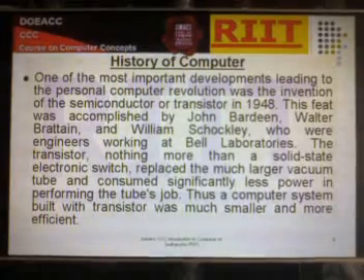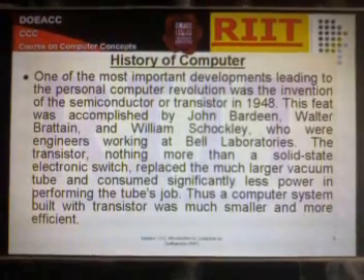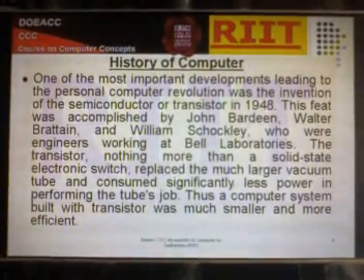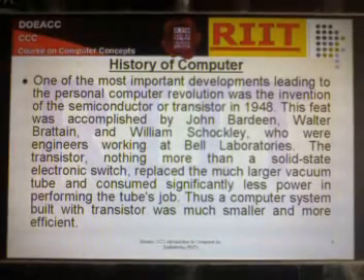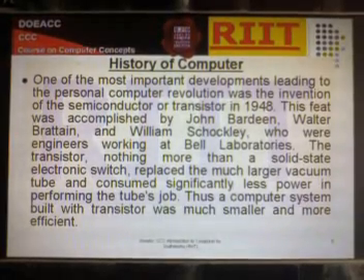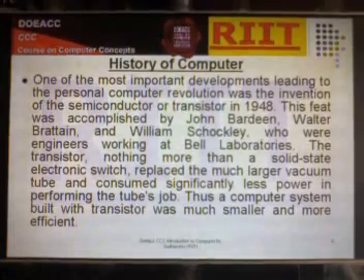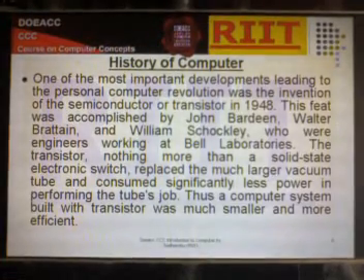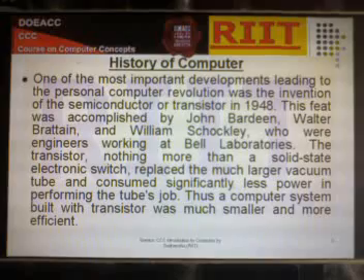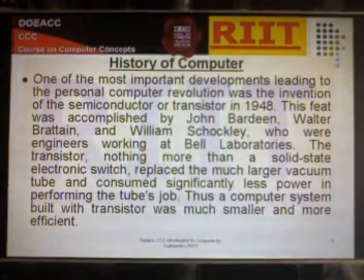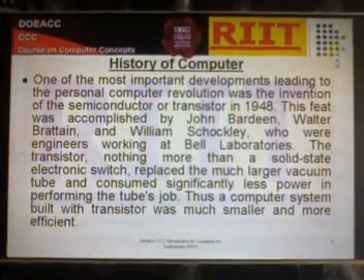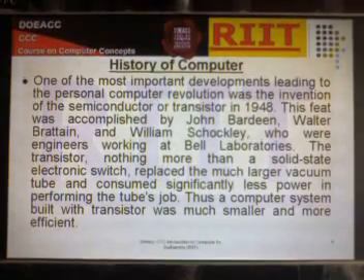History of computer. One of the most important developments leading to the personal computer revolution was the invention of the semiconductor or transistor in 1948. This feat was accomplished by John Bardeen, Walter Brattain, and William Shockley, who were engineers working at the Bell Laboratories.